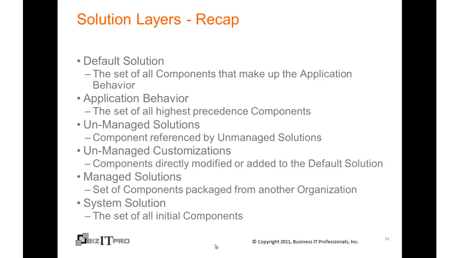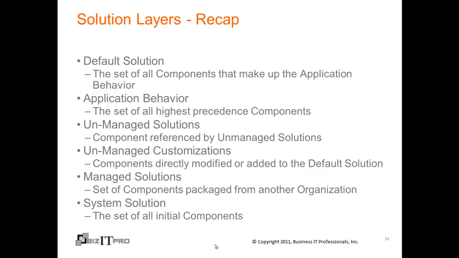Managed solutions are a set of components packaged from another organization and exported as a managed solution. They also have additional restrictions that can prevent you from customizing certain parts of the solution. And finally, the system solution is the set of all initial components provided with CRM 2011 out of the box.